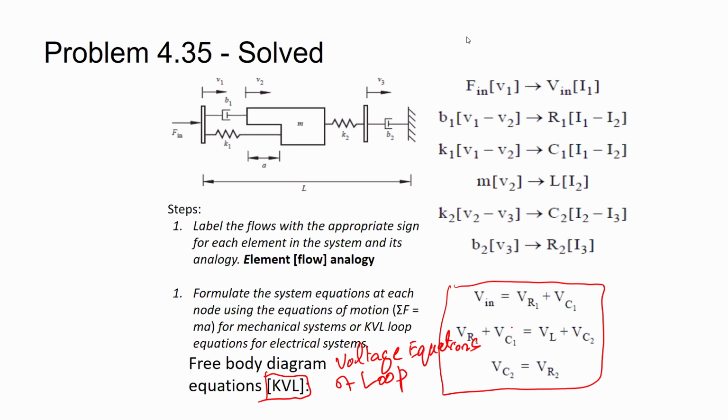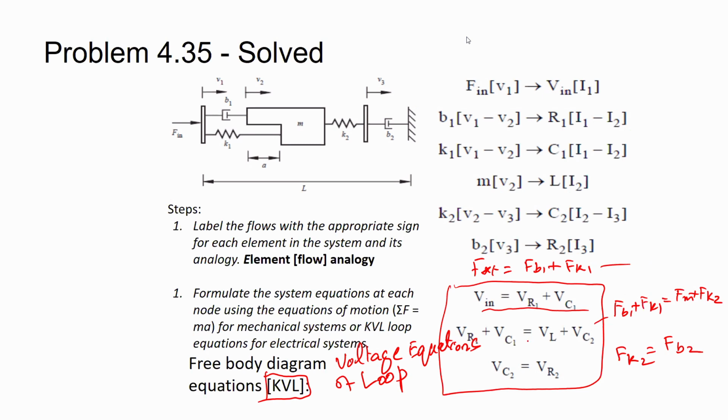That's what it is. So we had this one, remember? F ext was equal to FB1 plus FK1. That was the one. This one, FB1 plus FK1, was equal to FM plus FK2, and FK2 was equal to FB2. So these were the three equations.